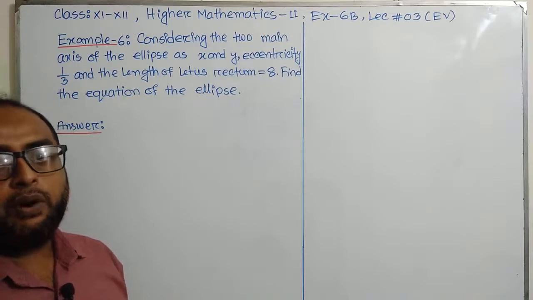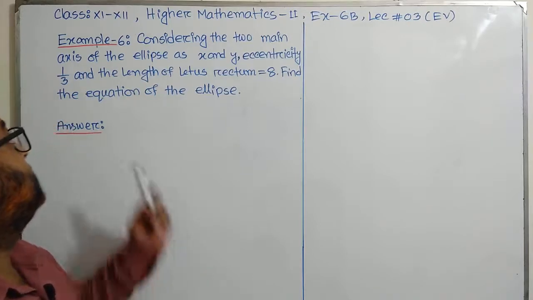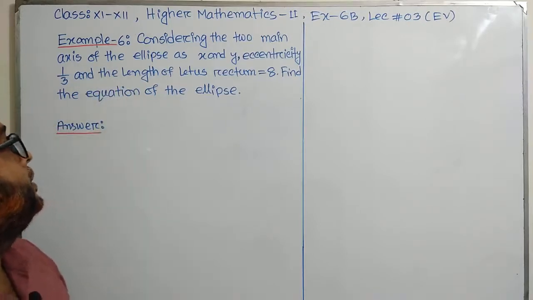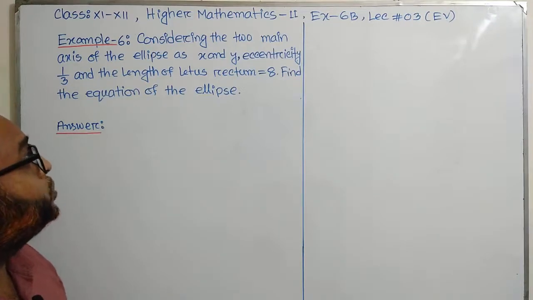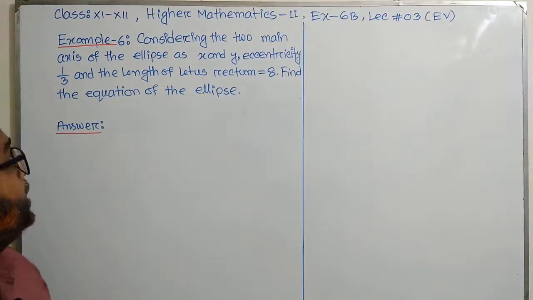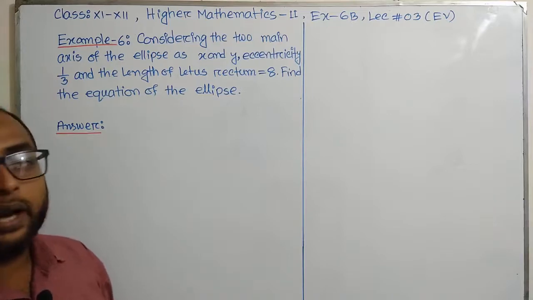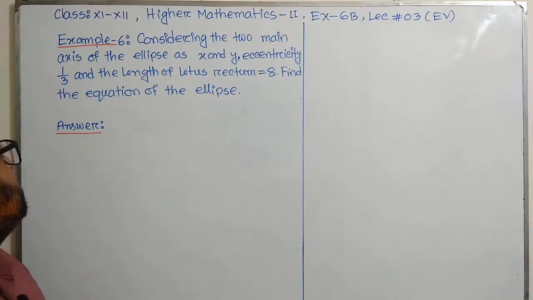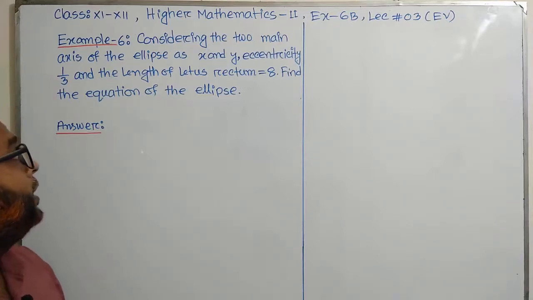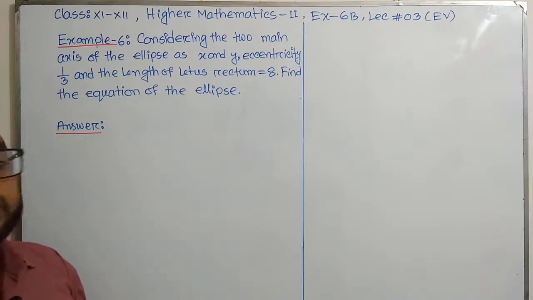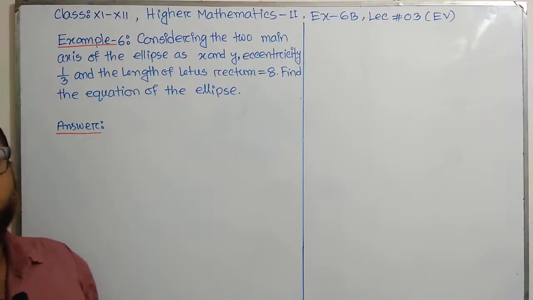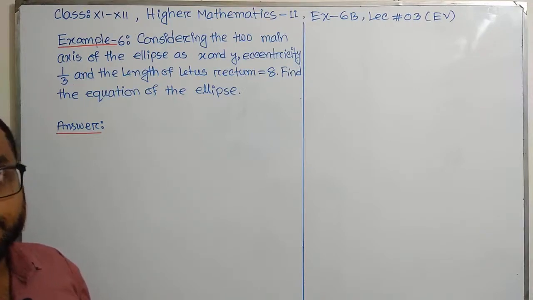Okay students, now our second problem is example number 6. Here, considering the two main axes of the ellipse as x and y, eccentricity 1 by 3 and the length of latus rectum is 8. We have to find out the equation of ellipse.